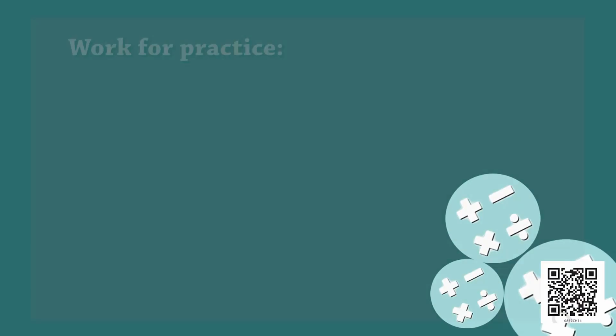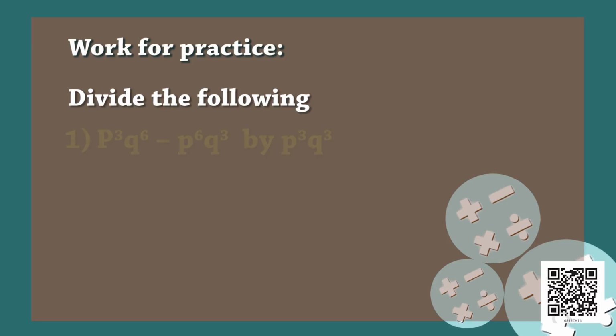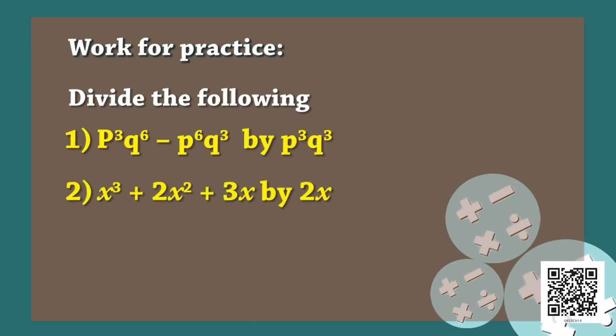For your practice, I am giving some more problems. Please try it. Work for practice. Divide the following: 1, p cube q to the power of 6 minus p to the power of 6 into q cube by p cube into q cube. Number 2, x cube plus 2x square plus 3x by 2x.